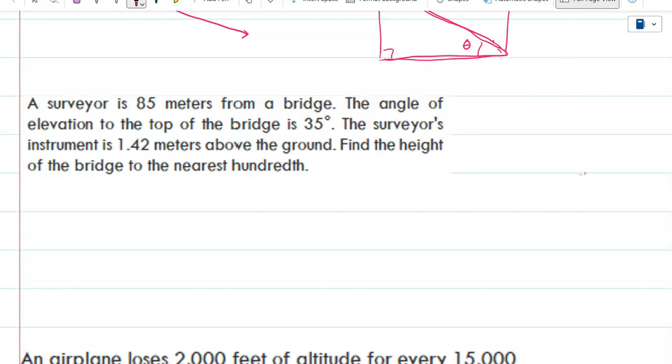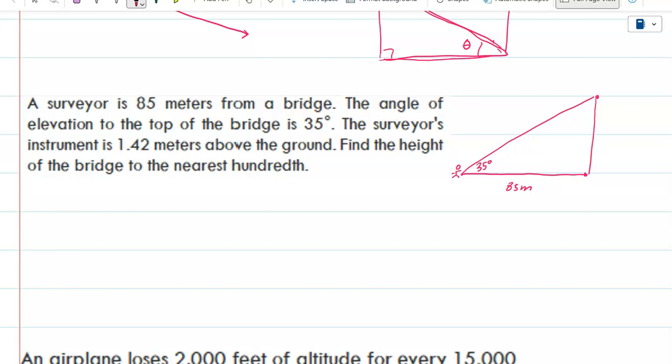So if this is the bridge and the surveyor is standing right here, and he's 85 meters away from that bridge. And let's say that's the top of the bridge. And he's looking up, and that angle is 35 degrees.